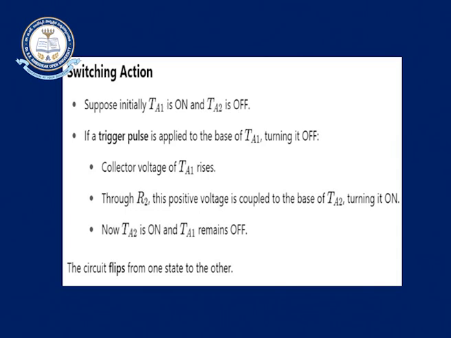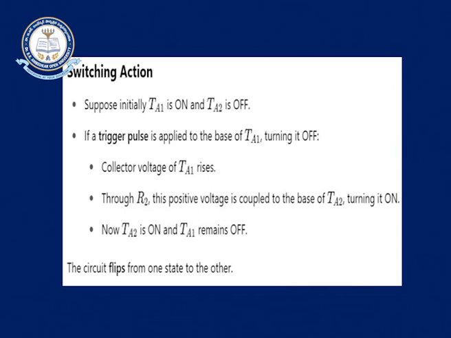The triggering pulses are applied to the base of the first transistor, turning it off, and the collector voltage of T1 rises, that means its value increases. So through R2, this positive voltage is coupled to the base of transistor T2, and now transistor T2 is on while T1 remains in the off condition. So the circuit flips from one state into the other state.